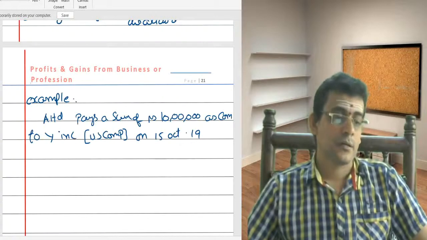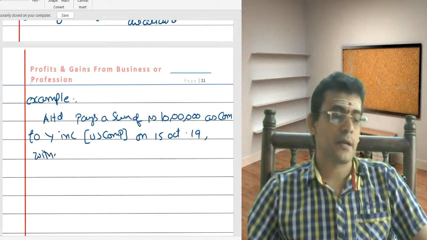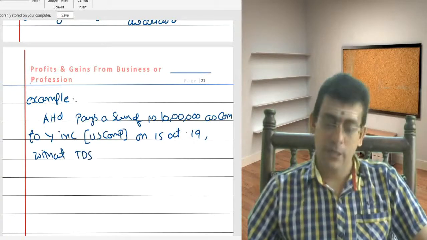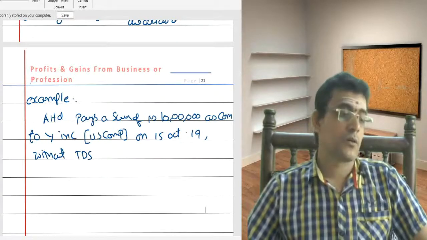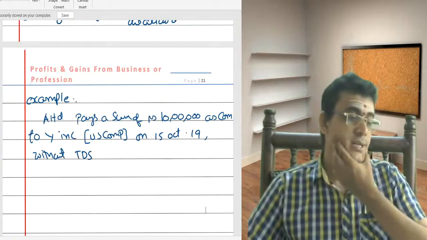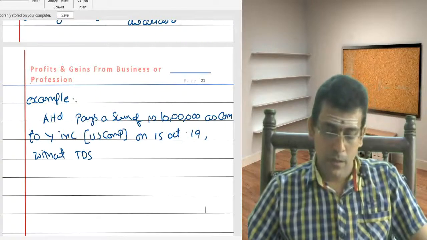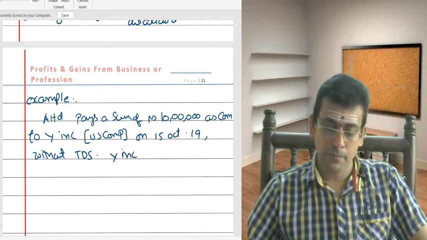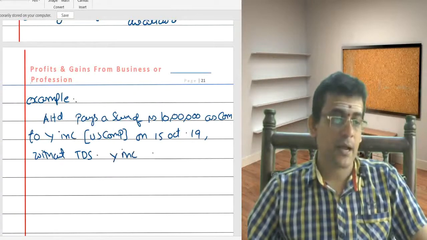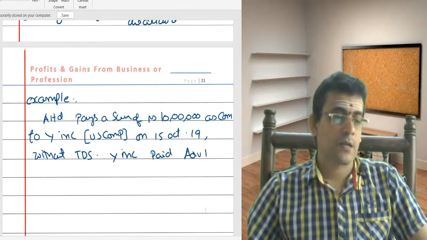Now, basically, how has the payment been made? The payment has been made without TDS, without deduction of tax. Now, what has Y Incorporation done?